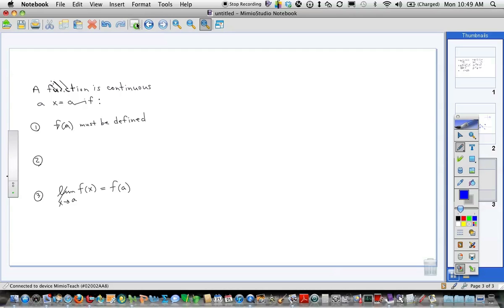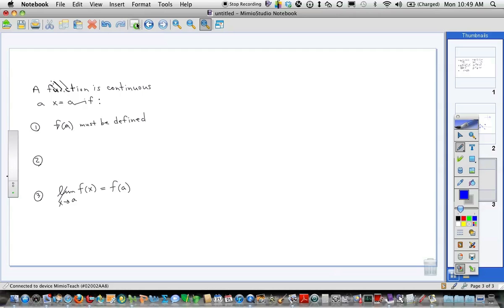We're talking about the output at A, so that is defined or undefined. When you plug a number into a function, you either get an output or there is no output. Like if you were looking at a table of values and there was no output for that, it's undefined. Or 1 over x, you put in a 0, it's undefined. You don't get an answer out.